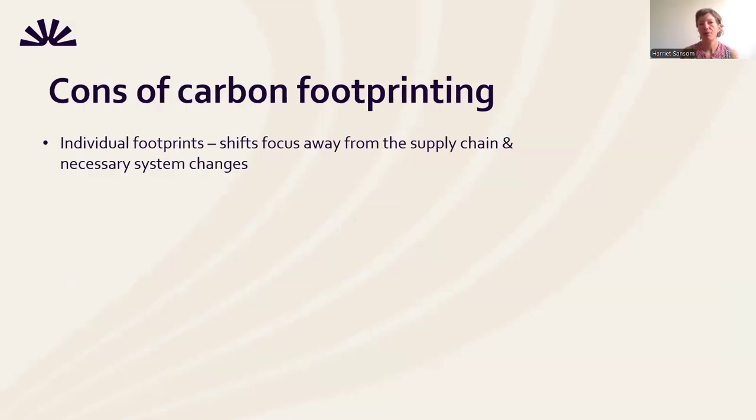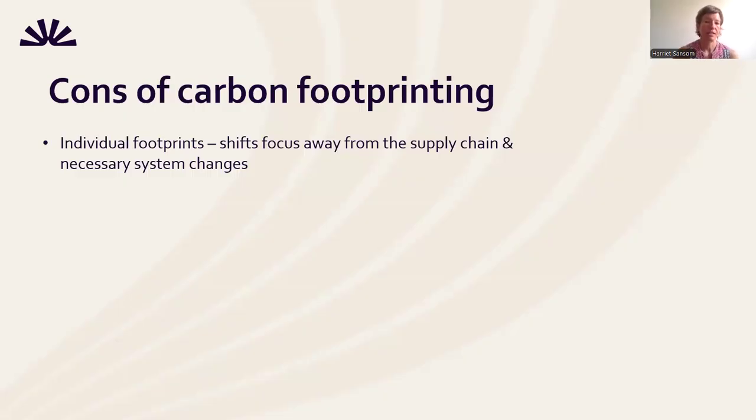Having spoken about the history a bit, I also thought to dive in a little bit to the debate around carbon footprinting. So the pros and the cons, if you like. Again, as I've said, the individual carbon footprint was developed in a way to push responsibility and the idea of change onto the individual.